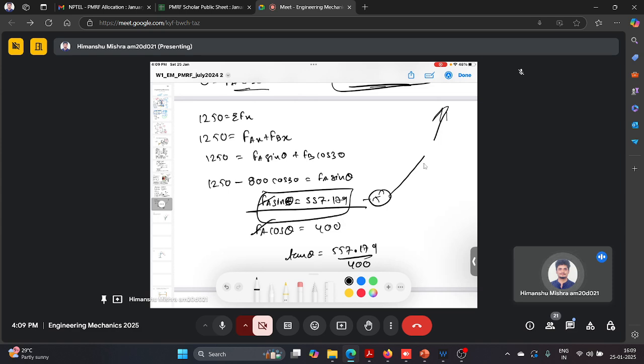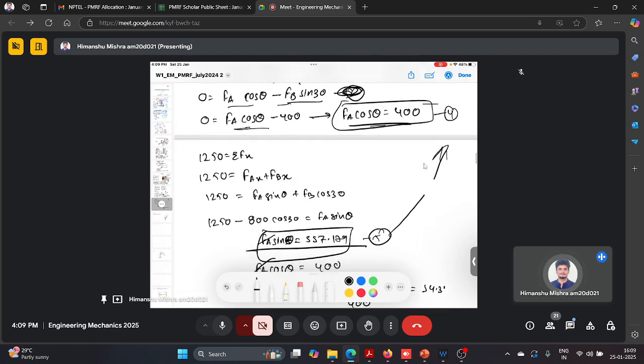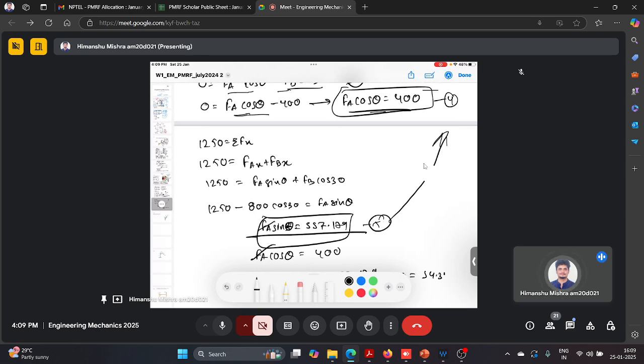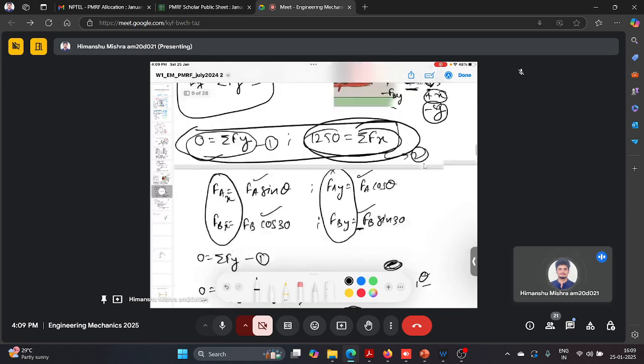In this way you can calculate theta. It will come out to be 54.3. Then you can substitute theta in any of these equations, 4, 5, or even 1 or 2.